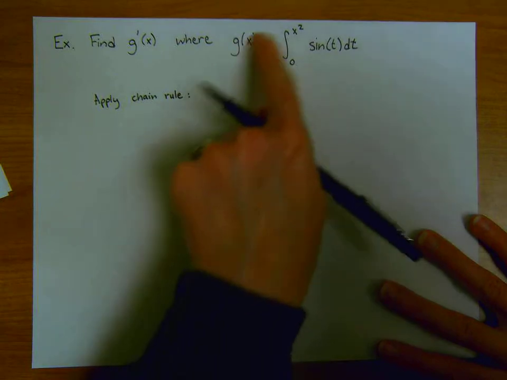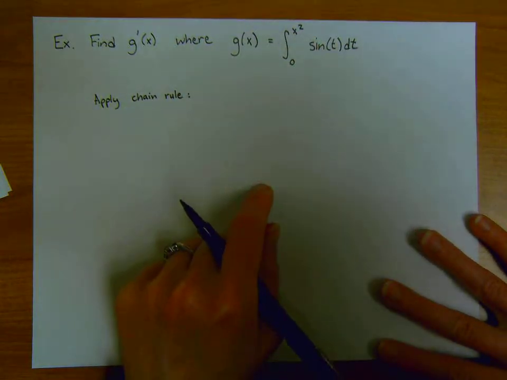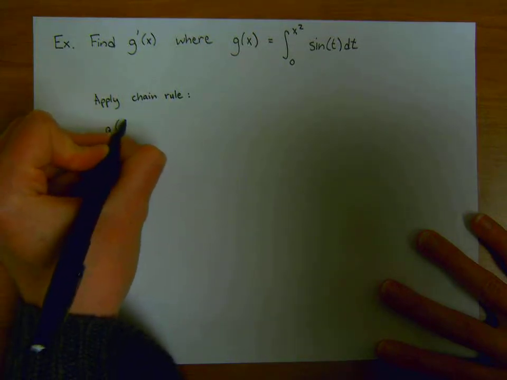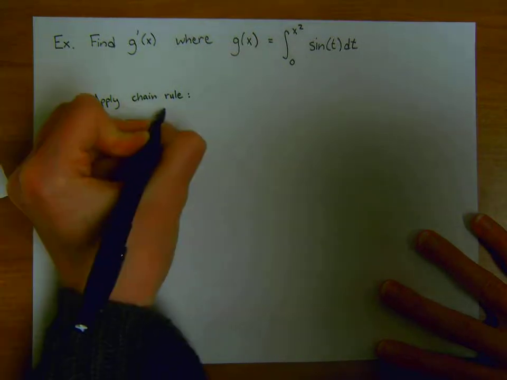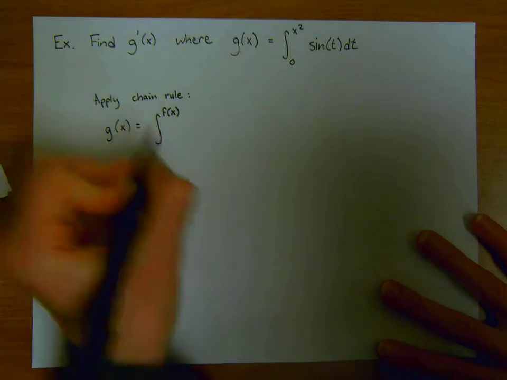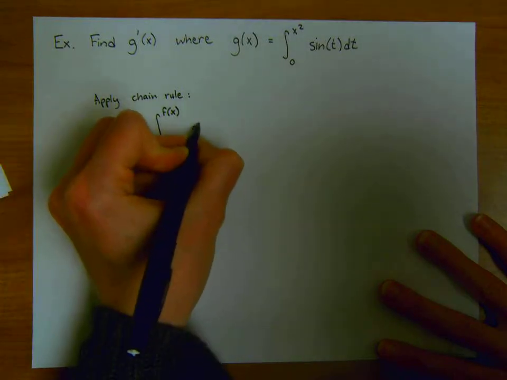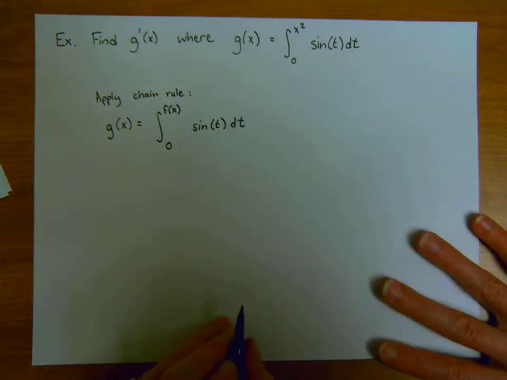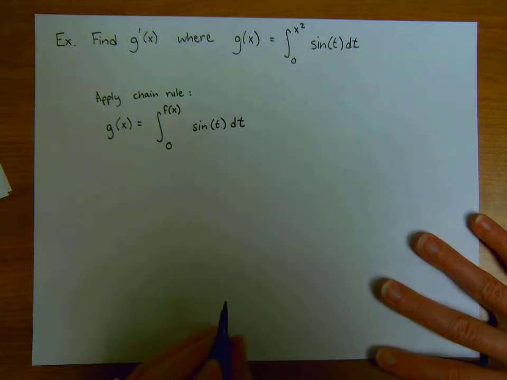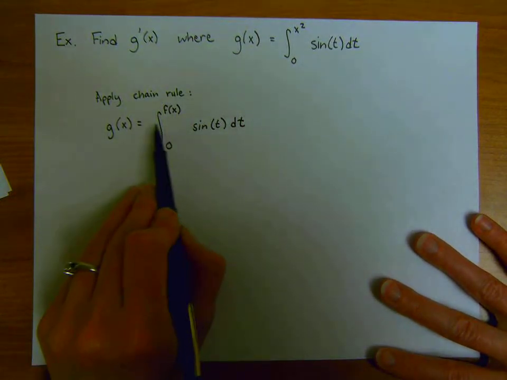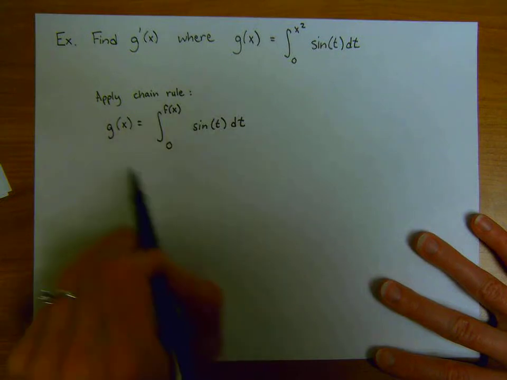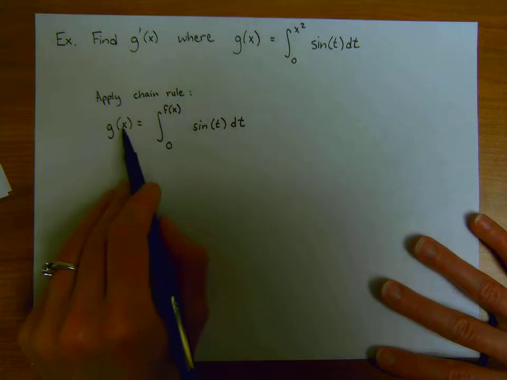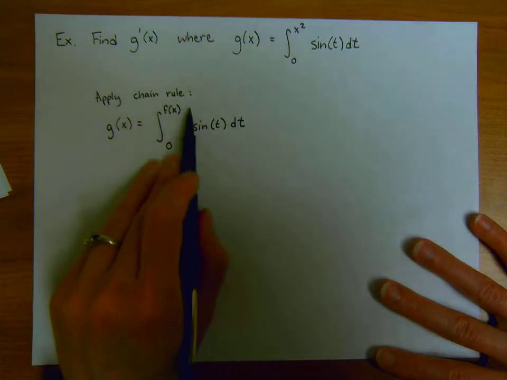Because in this case, we actually have a composition of functions. Maybe I'll say g of x is equal to some outside function of an inner function of x. If I want to know the derivative, it's a composition of the derivative of the outside and this inner.